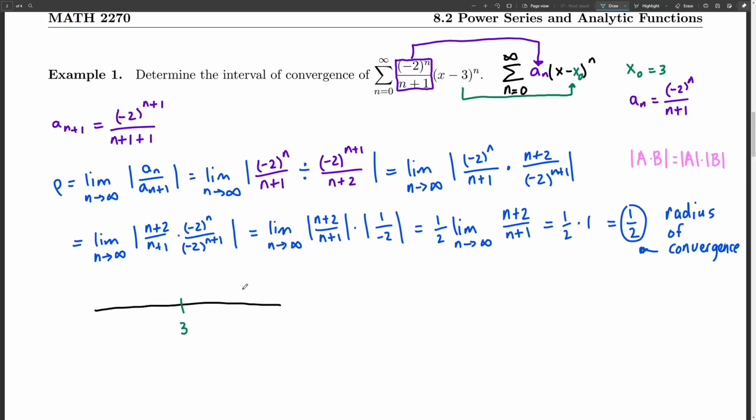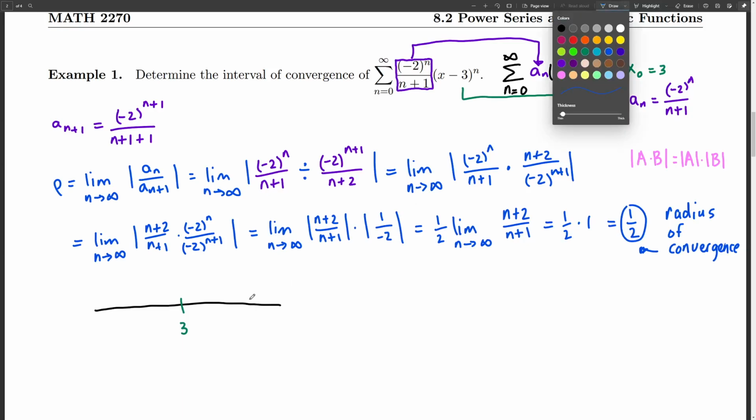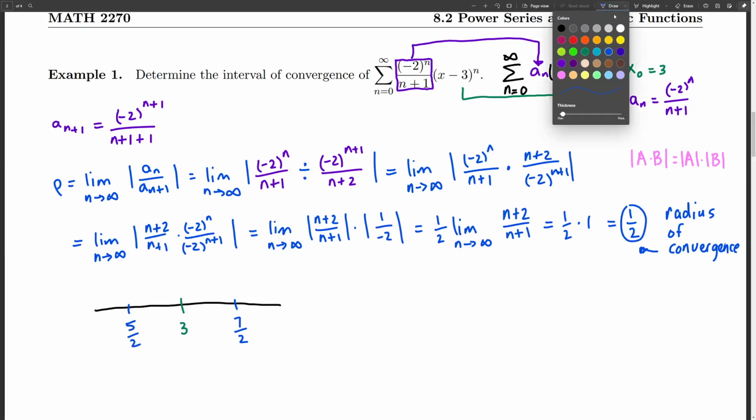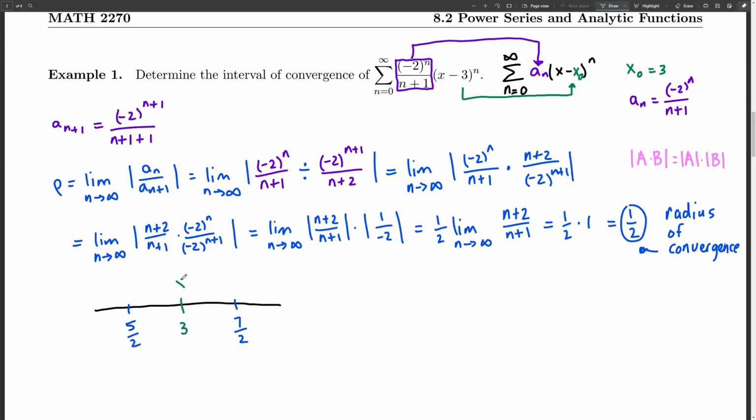If we add 1/2, one of the endpoints of our interval is 3 plus 1/2, which is 3.5, or 7 over 2. The other point would be 5 over 2. Again, this is x naught, this is x naught plus rho, and this is x naught minus rho.